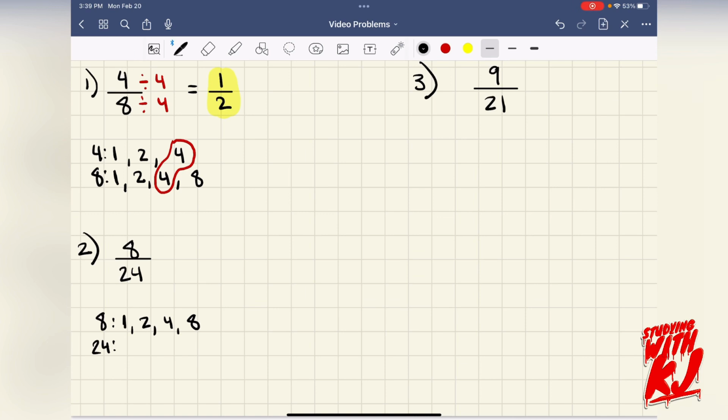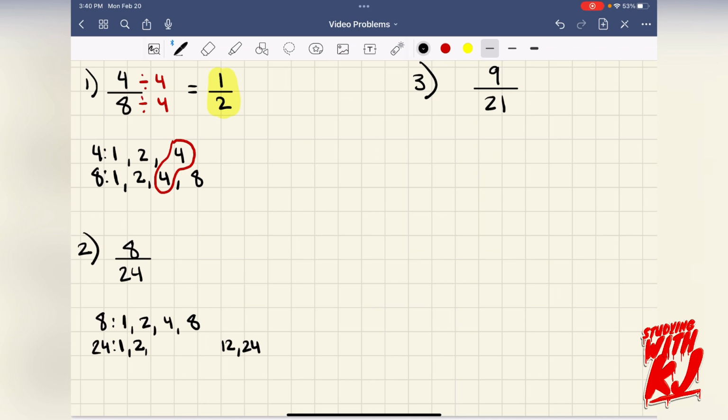So now let's find our factors of 24. We know off the bat, our first two factors of 24 are 1 and 24, because 1 times 24 gives you 24. Our next two factors of 24 are 2 and 12, because 2 times 12 gives you 24.